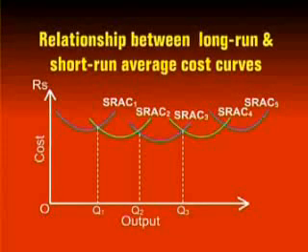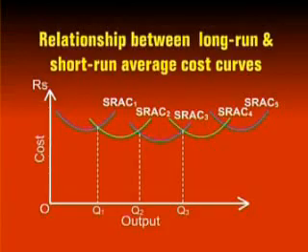By the same logic, the firm can consider opening another factory, a third factory, and this will give rise to the short-run average cost 3, the SRAC 3. Again, from point Q2 onwards, it is cheaper to produce the output after having opened the third factory than it is to produce using just SRAC 1 and SRAC 2, right?